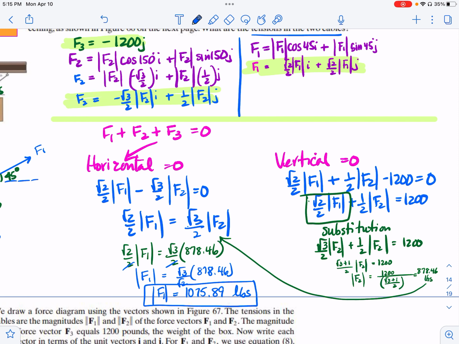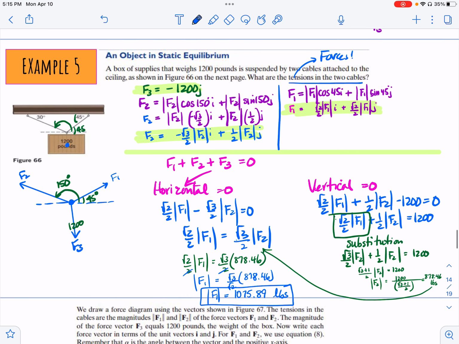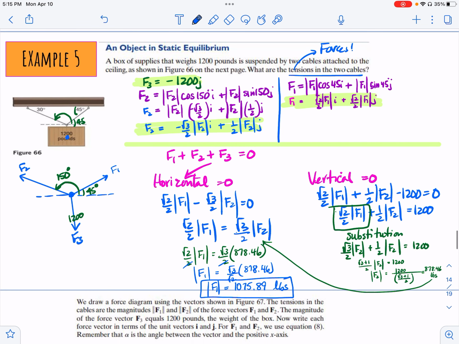The two cables, F1 and F2, are holding this much pounds of force or tension. And then the F3, we already know the force that's exerting, and all these three are in equilibrium with each other.